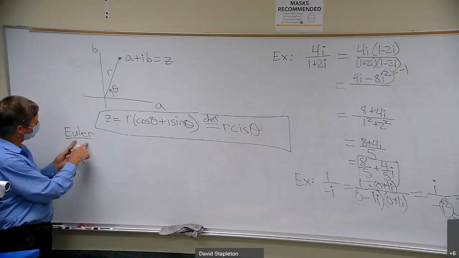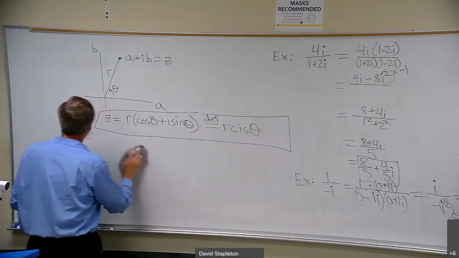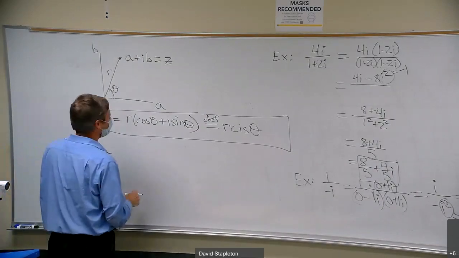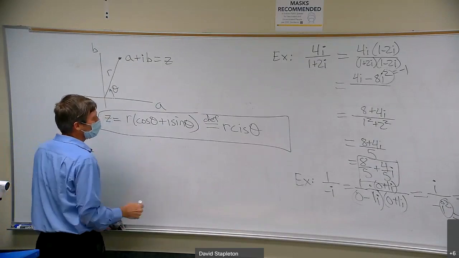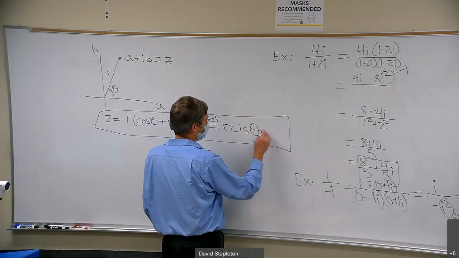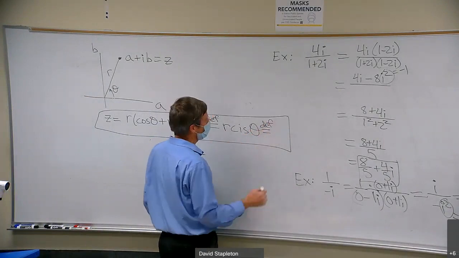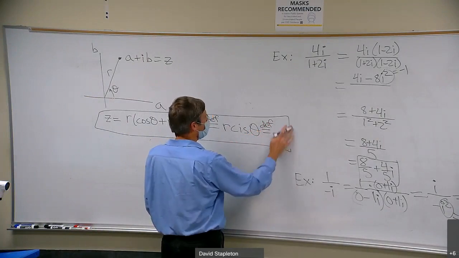I'm a 10th generation descendant of Euler, actually. You go back 10 generations of PhD dissertations. But he came up with this great thing that you'll see in calculus. It's not useful to us now, but I'll give you the notation just for seeing in your other class. We won't use it in this class.